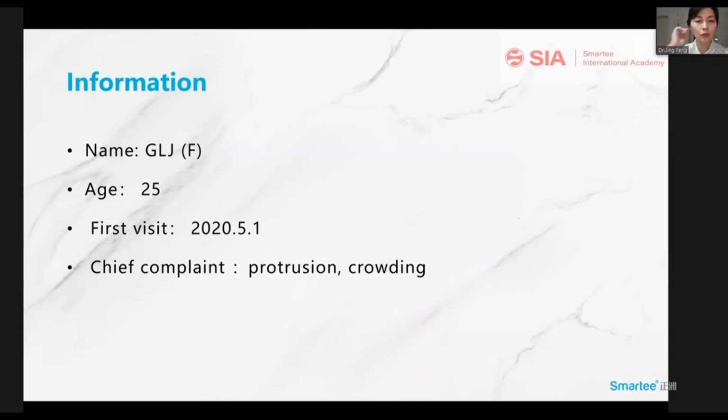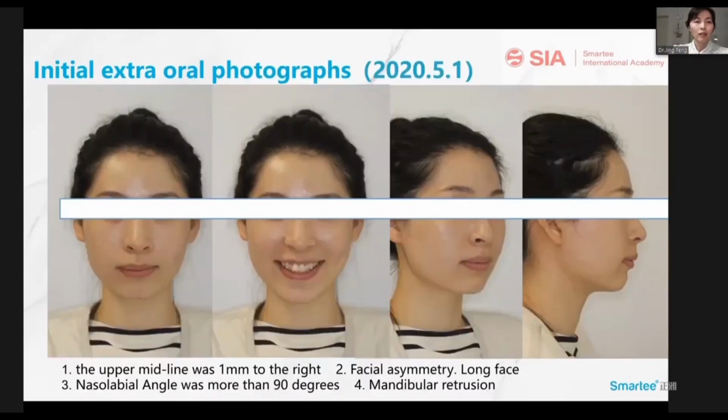That is one of my earliest cases. The initial extraoral photos showed the upper midline was 1 millimeter to the right, facial asymmetry, and a long face. Nasolabial angle was more than 90 degrees, mandibular retrusion.